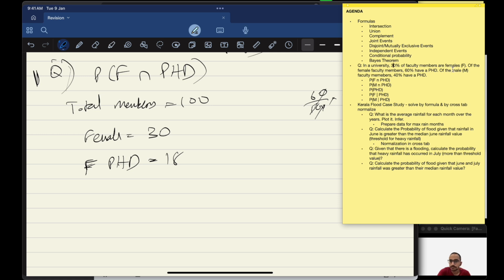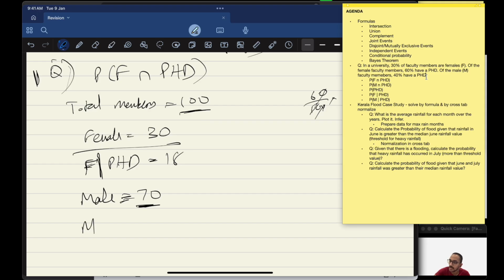Of the male faculty members, 40% have a PhD. So if 30 are female, then male are obviously 70 here as per our sample, right? Then they are saying 40% of these male faculty members have a PhD.